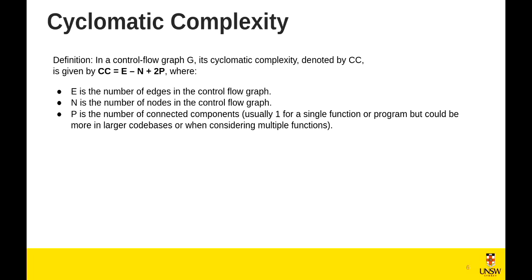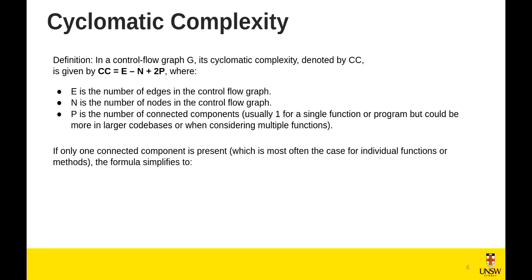In graph theory, a multi-graph can have multiple sub-components that are not connected to each other. For one single function, we usually only have one p, so every node is in one component.